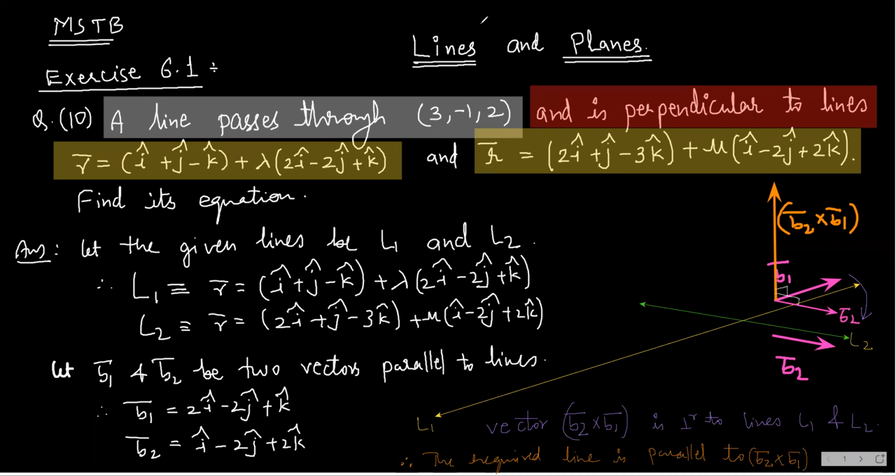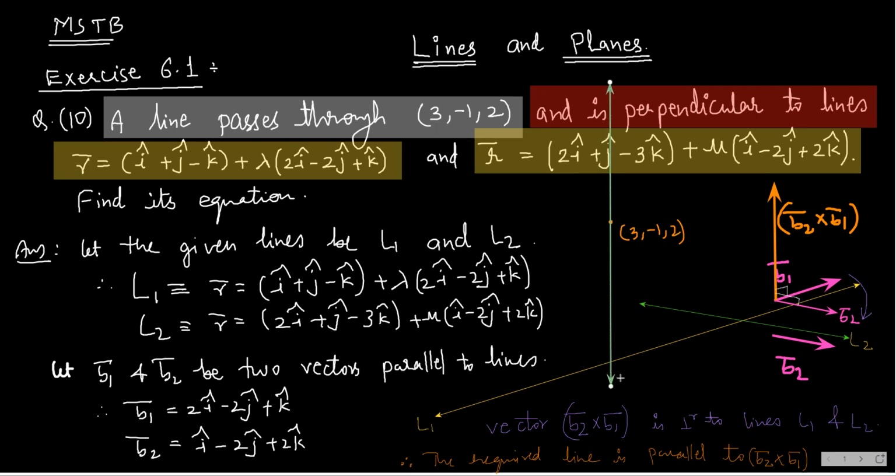So now students, let's go for that required line. The required line is passing through (3, -1, 2), and the required line is parallel to this vector. So how would that required line look like? It will look like this.